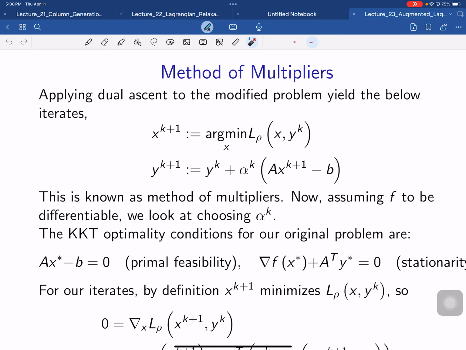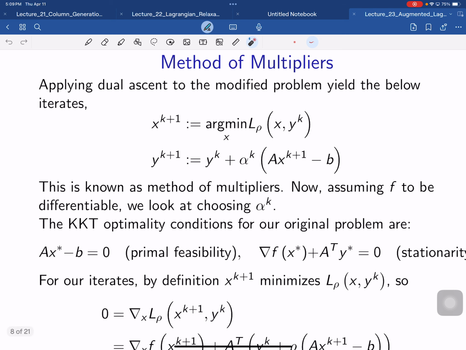That's what we did in the subgradient method as well. You first solve a subproblem to optimize the primal variables, then you do a gradient ascent direction to the y variables. Okay, so now let's think about how we are going to choose the step size.